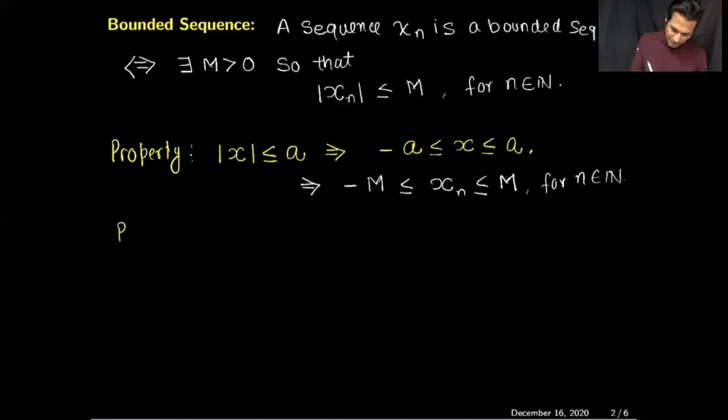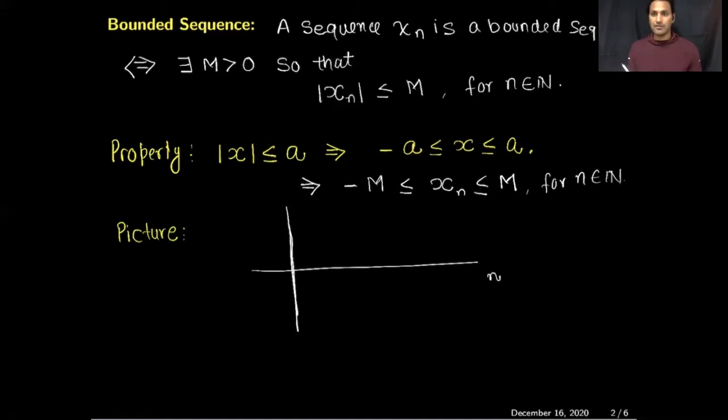So, the picture. In the picture, I'm going to plot the term of the sequence on the y-axis, and here is the domain of the sequence, which is n. A sequence is said to be bounded if you can find two real numbers, the positive M and the negative M, and each term of the sequence is bound by these two numbers.